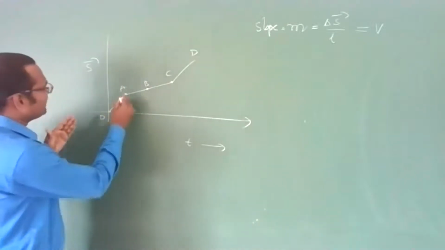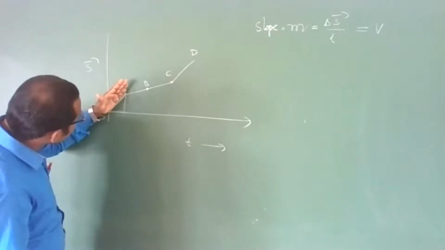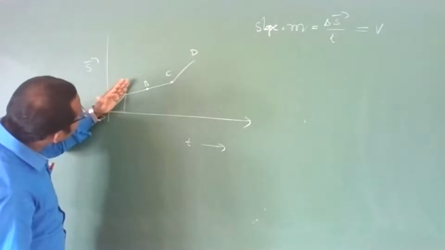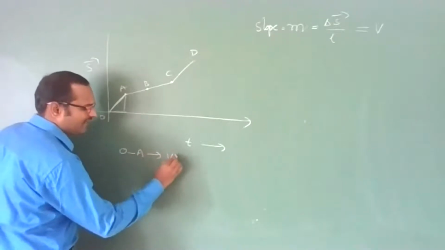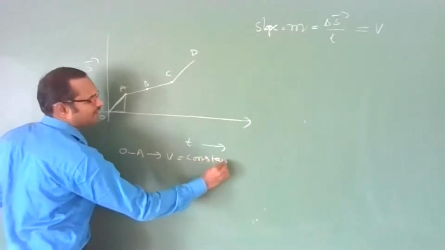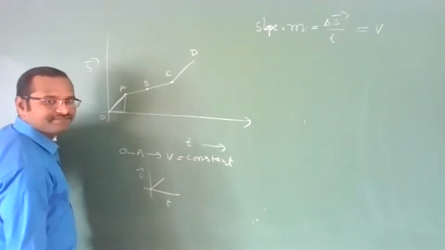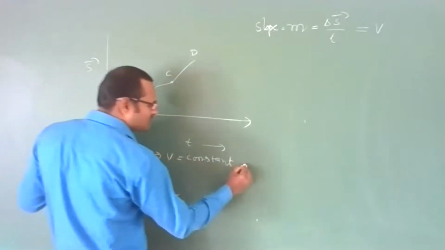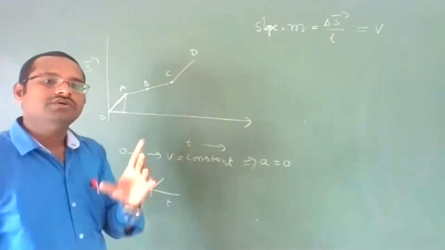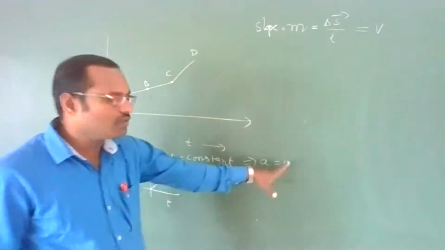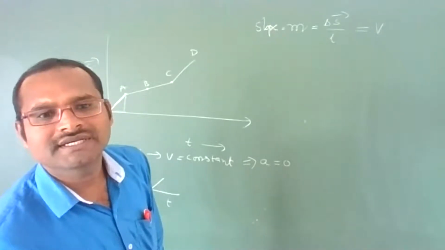And it is a straight line passing through the origin, which means uniform motion, so velocity is constant during the path O to A. You know this already, because the displacement-time graph for constant velocity is like this. When velocity is constant, acceleration will be zero. So for OA, acceleration should be zero. Because they are asking acceleration, let us check with the first option only.